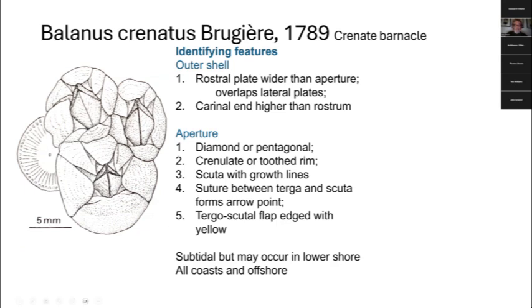Now, as you see, it's Balanus, and in this species, the rostral plate is wider than the aperture. So that's a good check to look for if you're looking at this barnacle underwater and you're interested to check through your identification characters. Often the carinal end, which is this end where the pointy bits are, is higher than the rostrum.